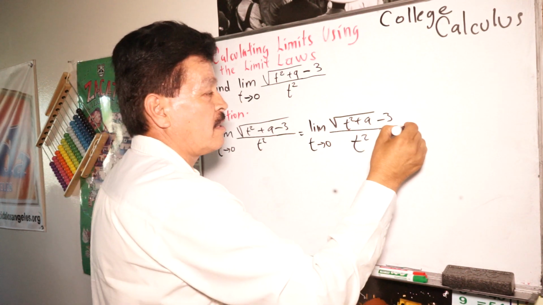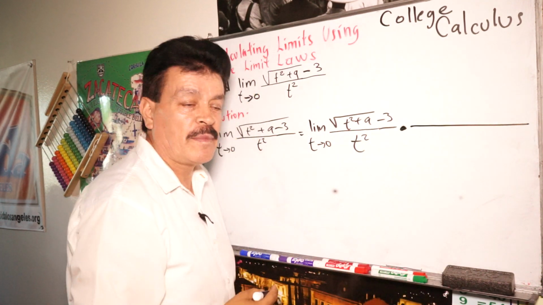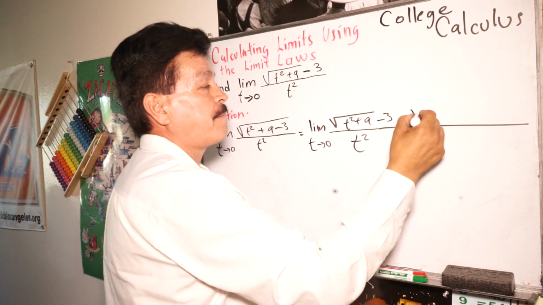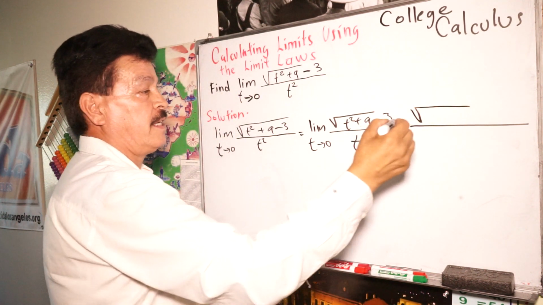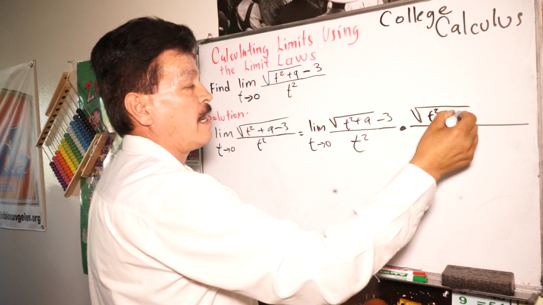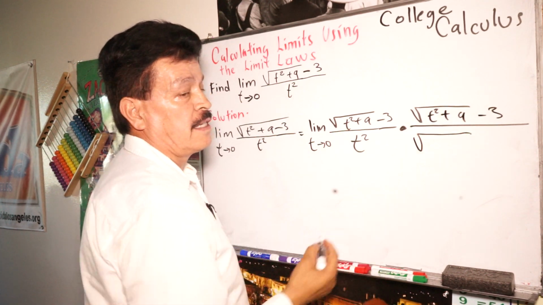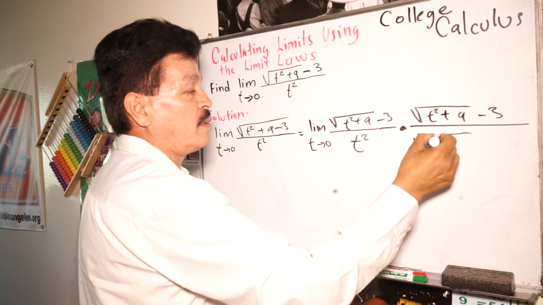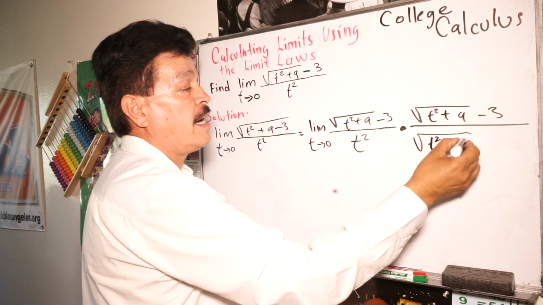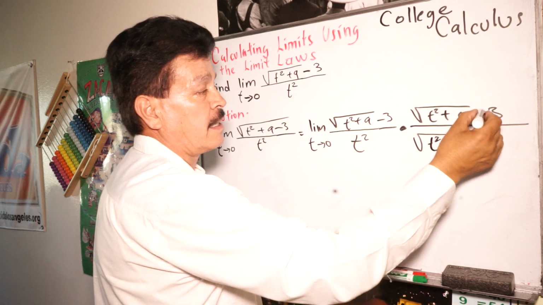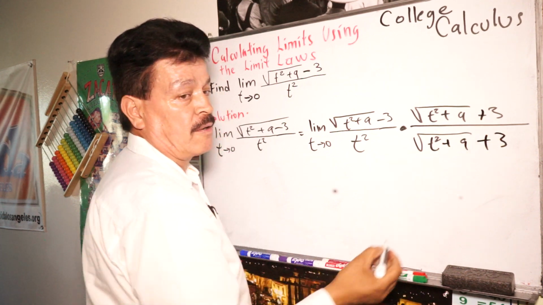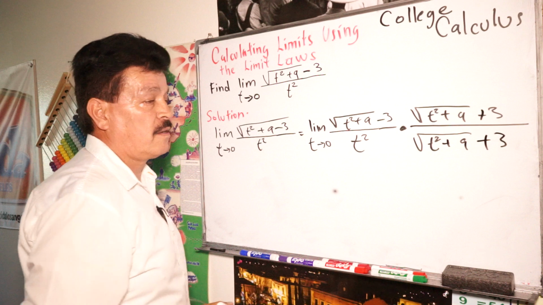So times the square root of t squared plus 9, minus 3, divided by the square root of t squared plus 9, plus 3. Here is minus, over there is plus.